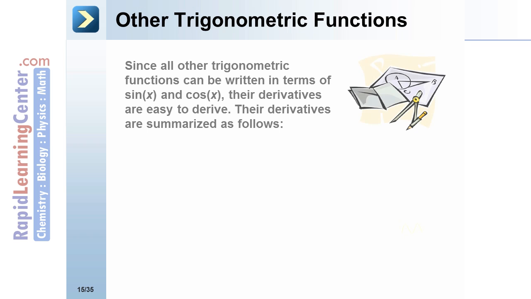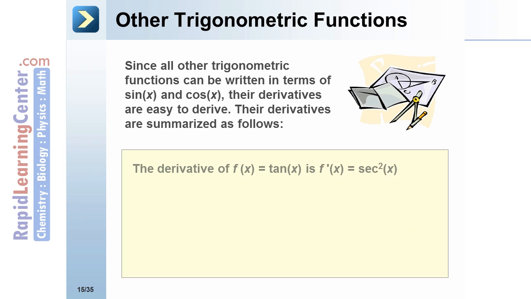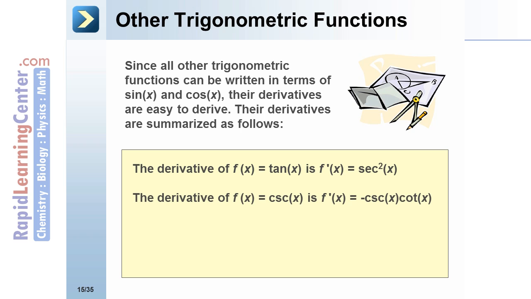Here are the derivatives for other trigonometric functions. Since all other trigonometric functions can be written in terms of sine of x and cosine of x, their derivatives are easy to derive. Their derivatives are summarized as follows. The derivative of f of x equals the tangent of x is f prime of x equals secant squared of x.